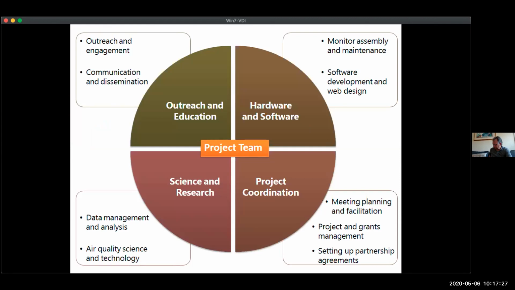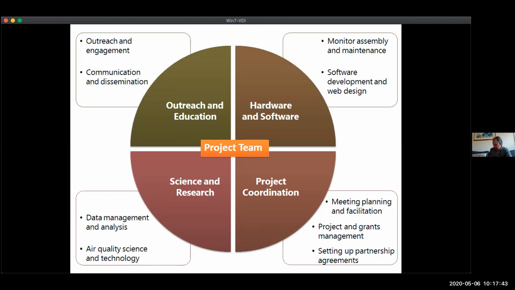There's also an important role in terms of project coordination, just planning and facilitating meetings, moving forward project activities, and setting up partnership agreements that lay out clear roles and responsibilities among team members.